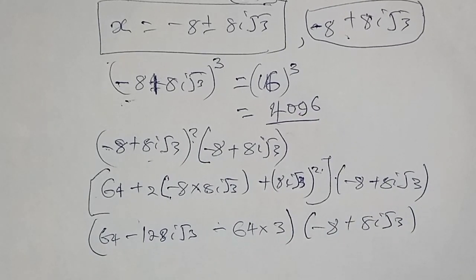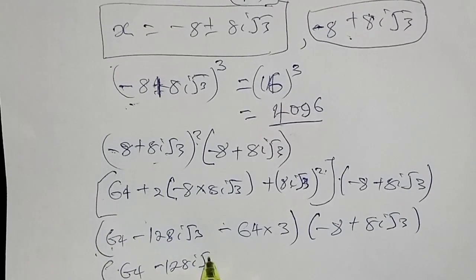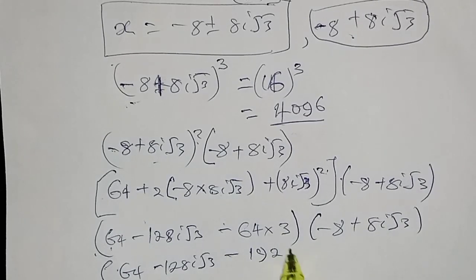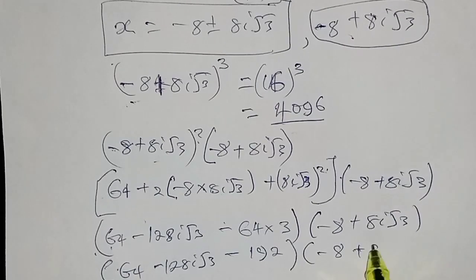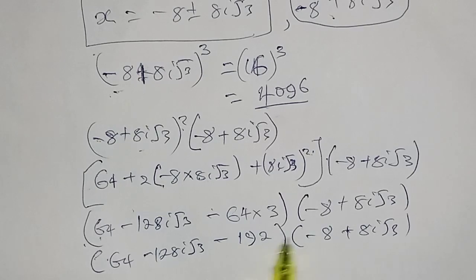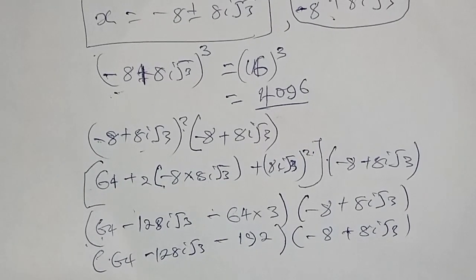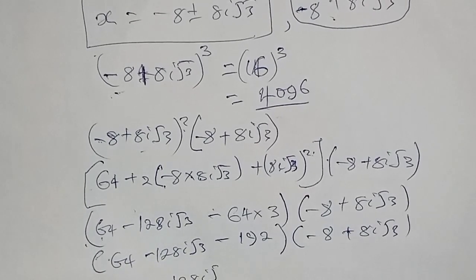Moving further, inside this bracket, I have 64 minus 128i√3, and then minus, if you multiply this, you should be having 192, and then it's also going to be multiplied by (-8 + 8i√3). Then if you evaluate this, -192 plus 64 should give us -128, and then minus this 128i√3.